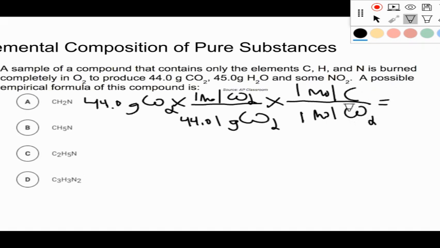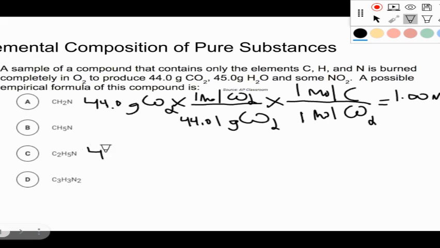So the relative number of each ratio is also your relative number of moles. So then I'm going to mathematically calculate this. I'm going to do 44 times 1 divided by 44.01 times 1 divided by 1. And when you do that, because I need 3 sig figs, it ends up being 1.00 mole of C. Now I'm going to do the same exact thing, but this time with water.